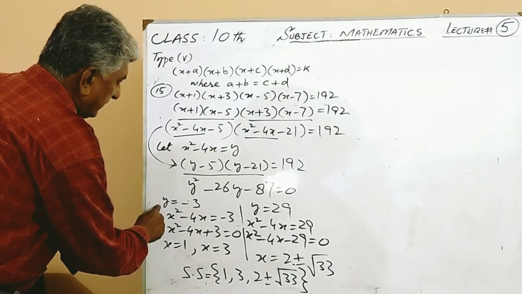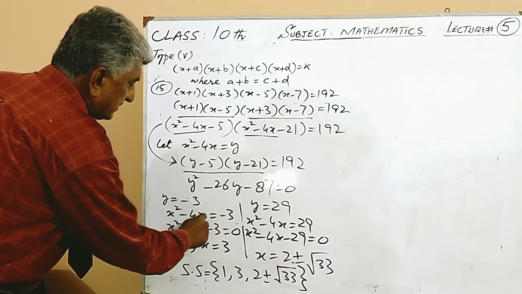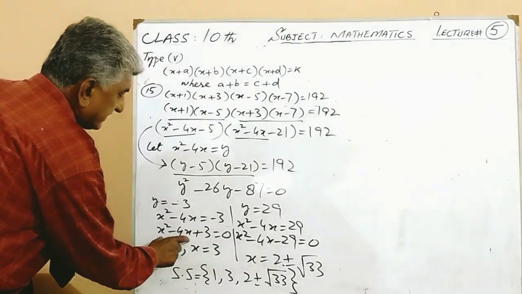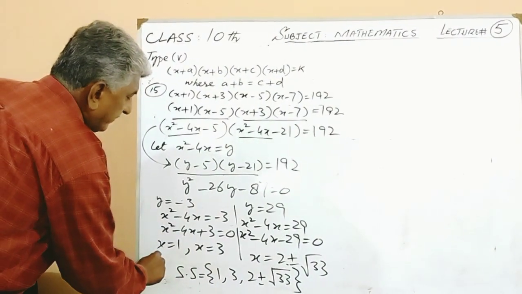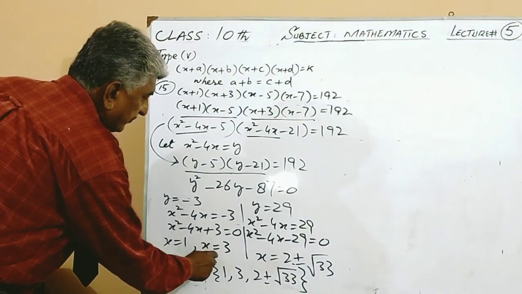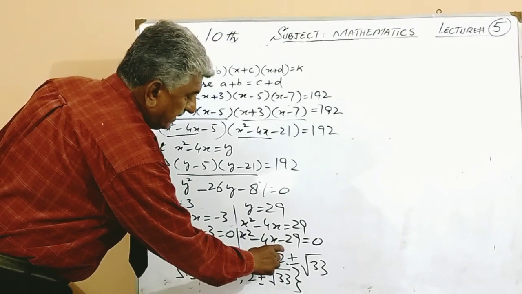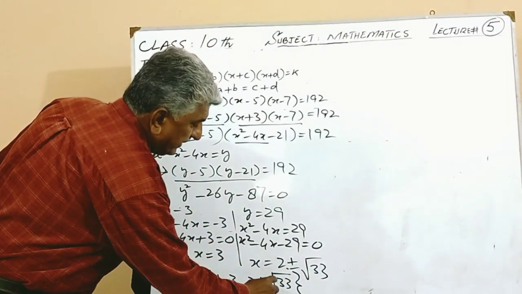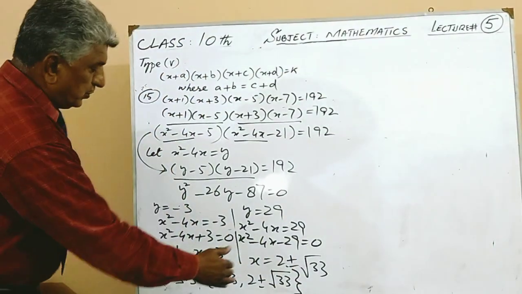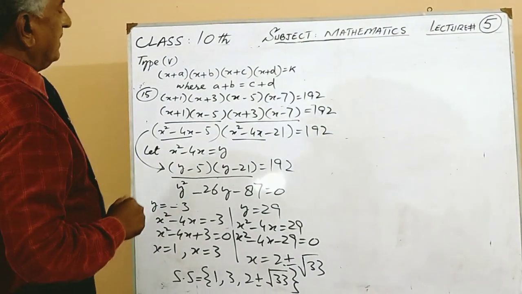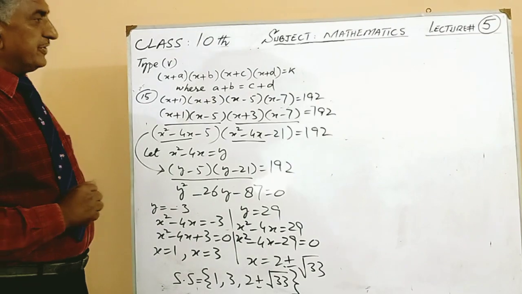Now you have to put the value of y, that is x square minus 4x is equal to minus 3, and after factorization you will get two values of x, 1, 3, and after using the quadratic formula here you will get the value of x, this one. So the solution set is this. This is the fifth type of equation which can be reduced to quadratic equation.